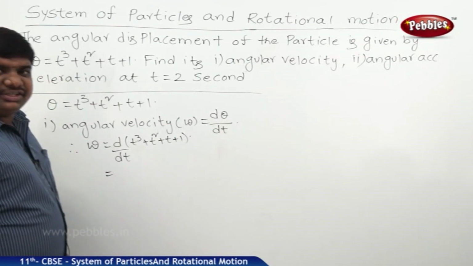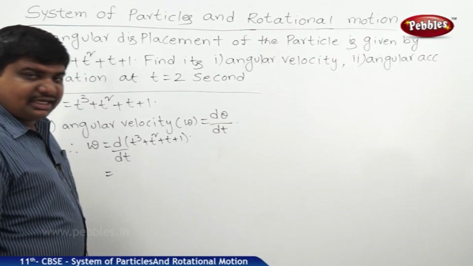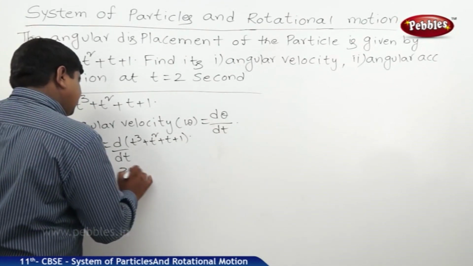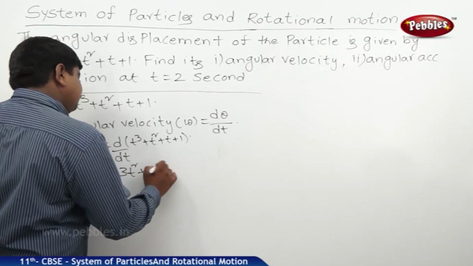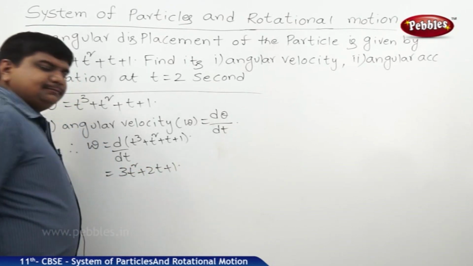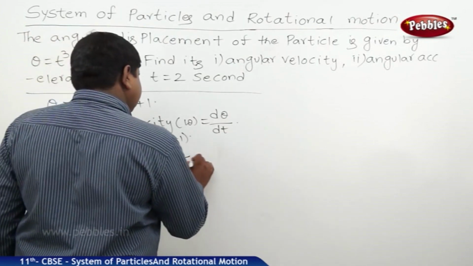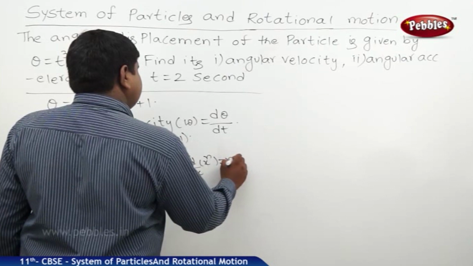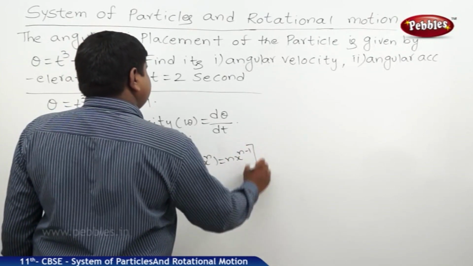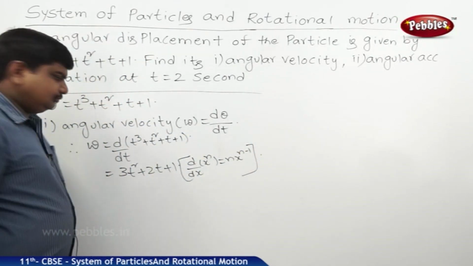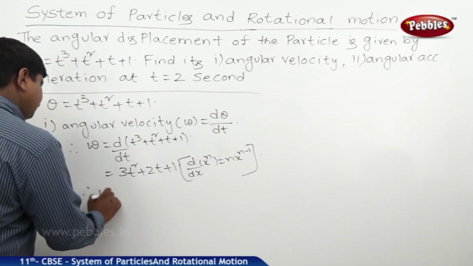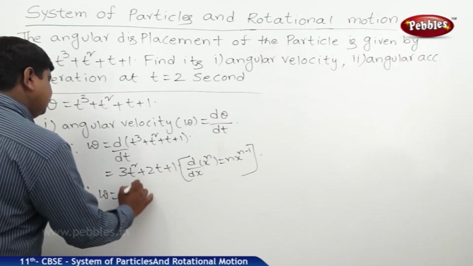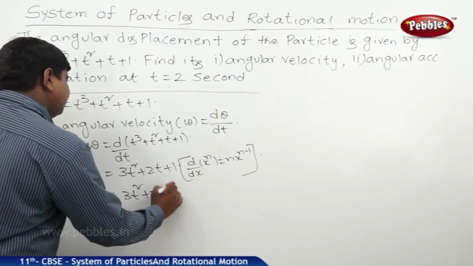Differentiation of x power n gives n into x power n minus 1. Therefore the answer is 3t square plus 2t plus 1. So omega we got is 3t square plus 2t plus 1.